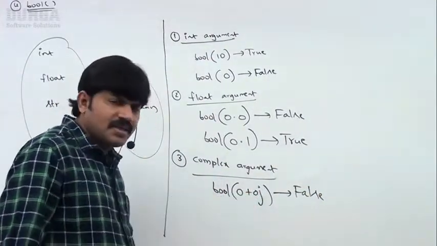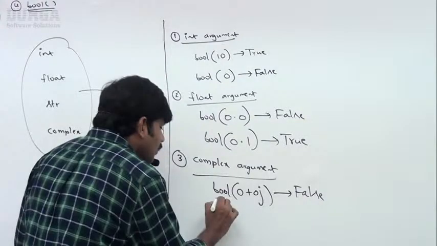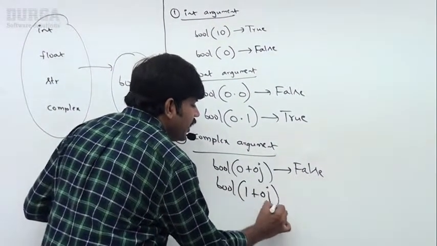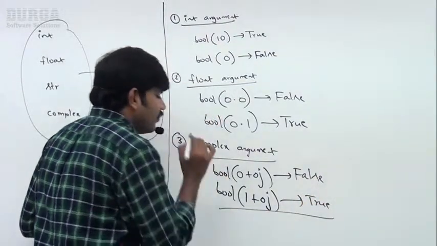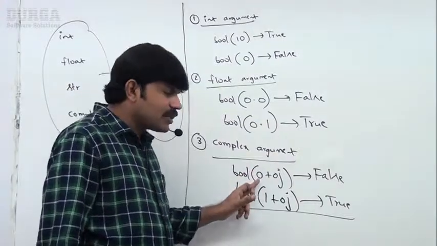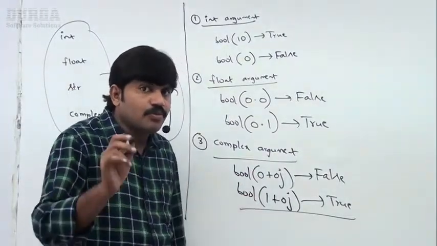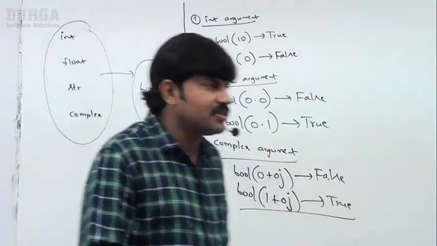Except this, for non-zero, bool of 1 plus 0j, then automatically True is the answer we are going to get. If both the real part and imaginary part are 0, then only False, otherwise it is True. Let me cross check, sir.